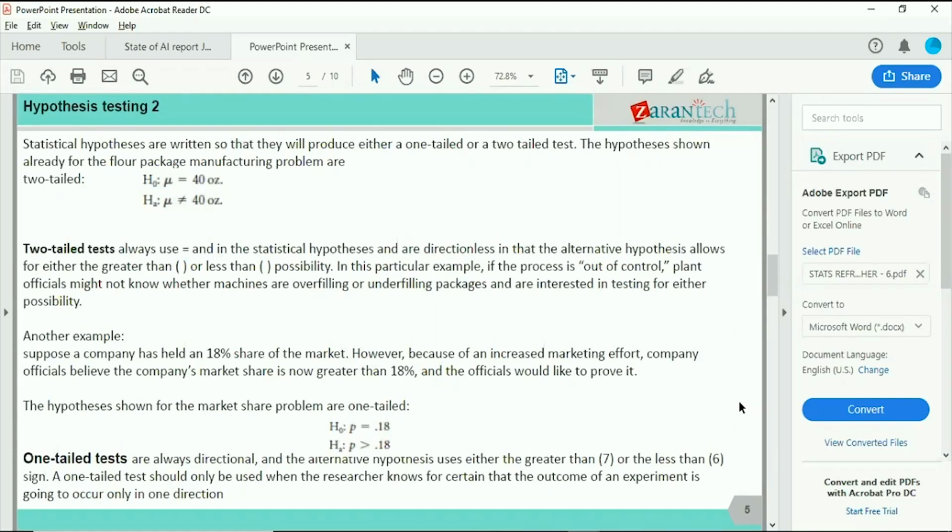So, let's see. Probably Ronaldo scoring a goal in a football match. Okay, why don't you make it a two-tailed test?